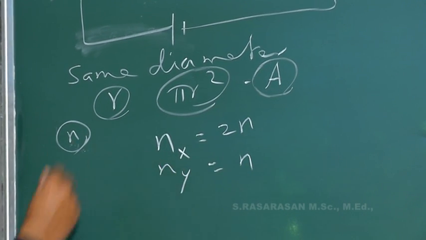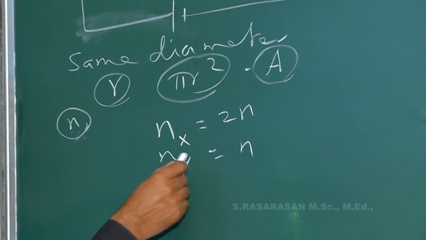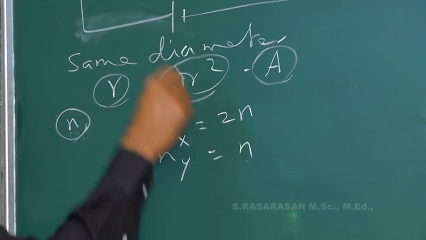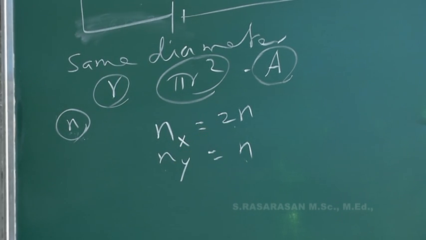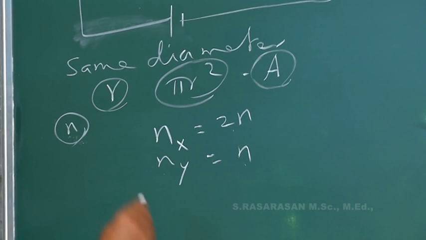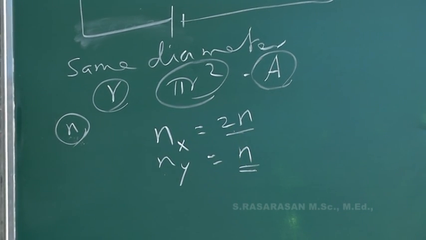Am I right? If the number density in Y is n, then in wire X it is 2n. That is what they mention. That is the meaning of the statement.